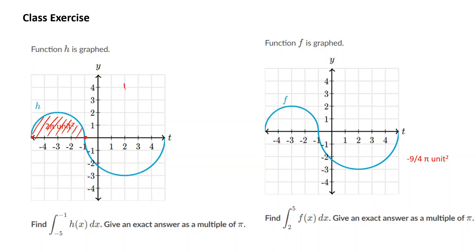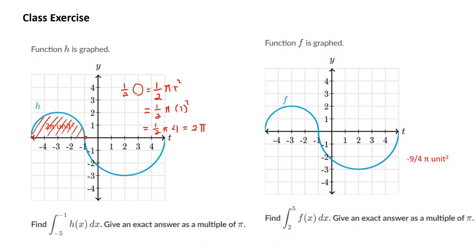The area of a circle is pi r squared, so we have a half of pi. The radius here, you can see, is 2, so it's 2 squared. This equals a half pi 4, which is equal to 2 pi.